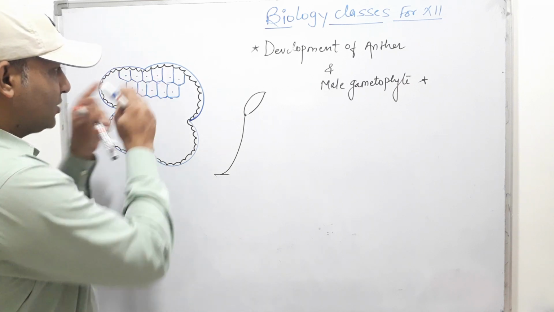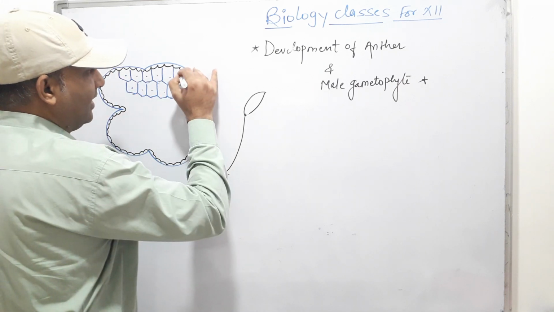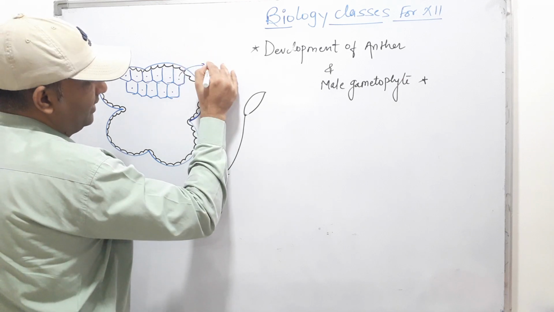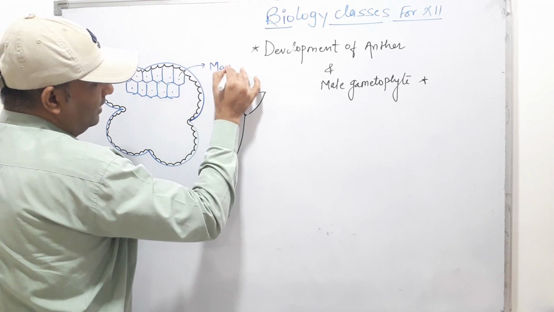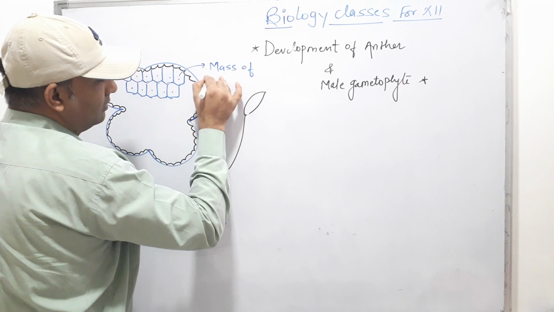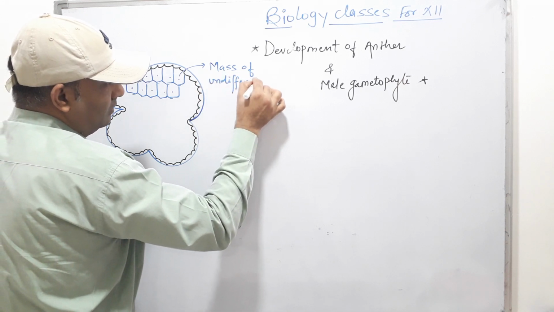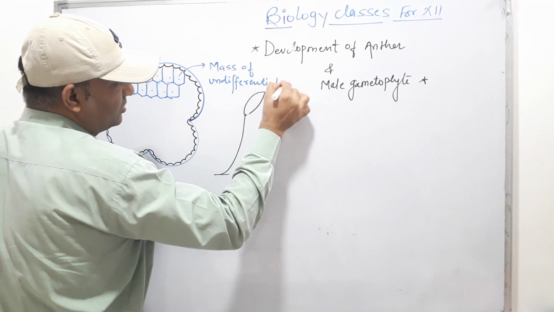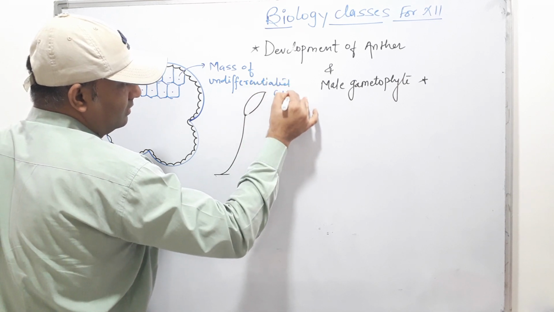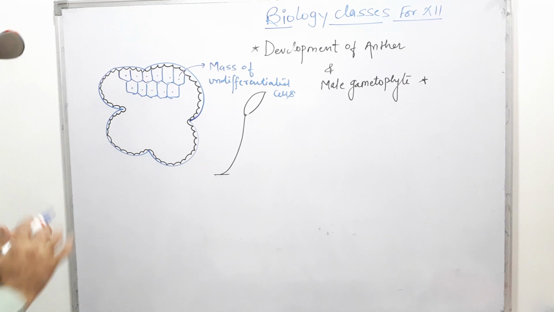So it is a mass of undifferentiated cells inside the anther during the time of development. It is also called the meristematic cell.